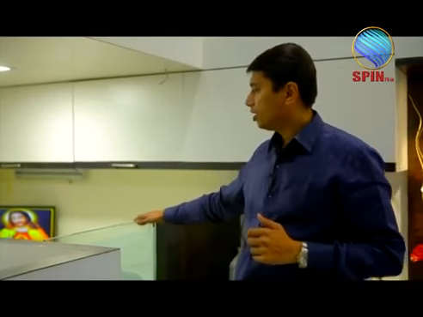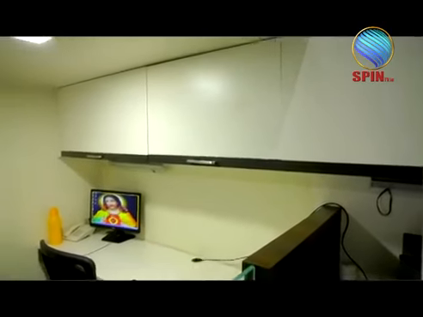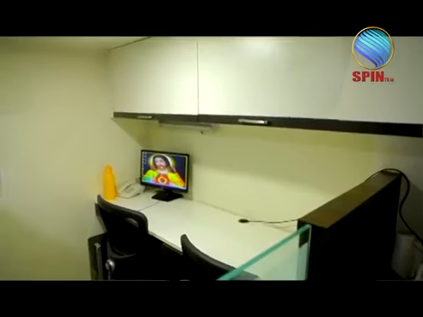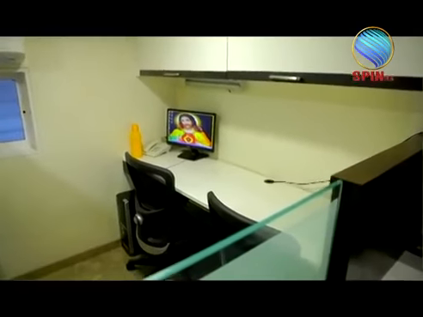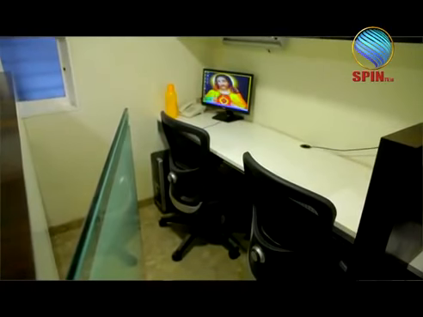Now adjoining the admin, we have one of the cubicles. It's again for one of the senior persons, where this cubicle becomes like a small cabin, where there's a door which opens inside, and then you have two chairs. One is for the senior person who is working there, and the other is for the subordinate, who comes and joins him or her whenever there is some kind of discussion.